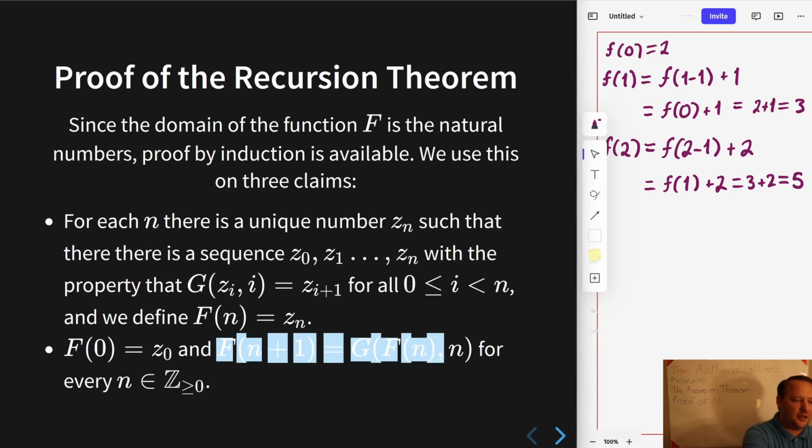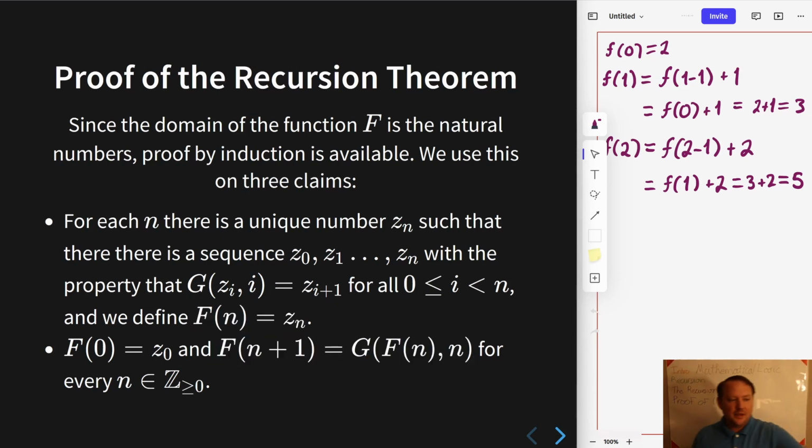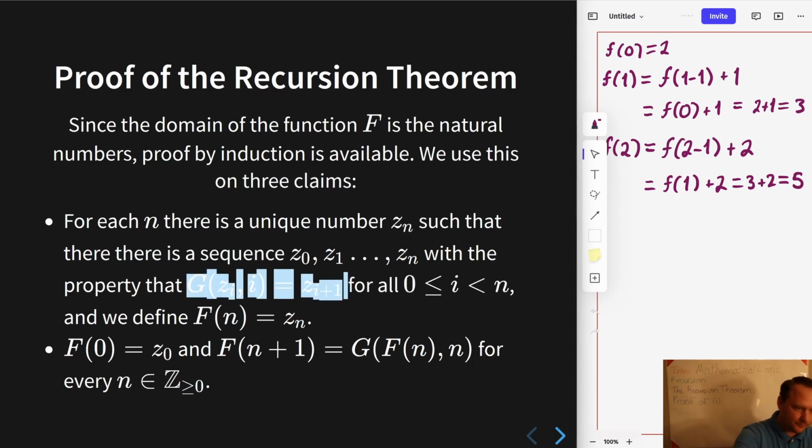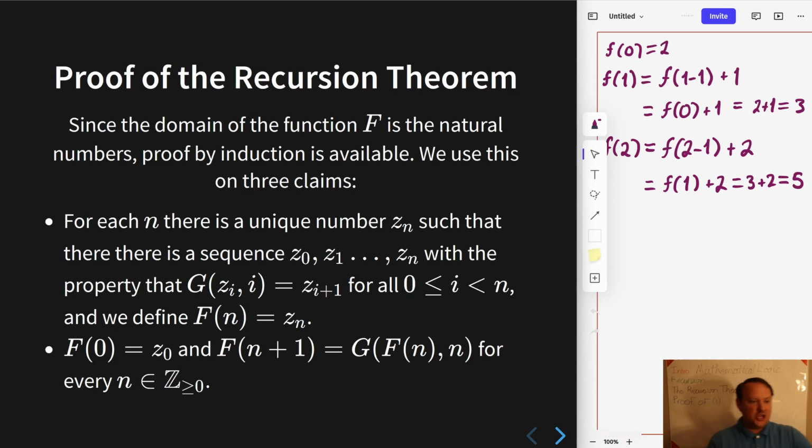And then this part is true, again, just by definition, because we define f of n to be z sub n, and z sub n, after all, from this earlier part, is g on the earlier components. Okay, fine, we have to make the case that z sub i is equal to f of i. But that just comes from the inductive case when you do this proof by induction. So in any case, it's a fairly trivial proof.